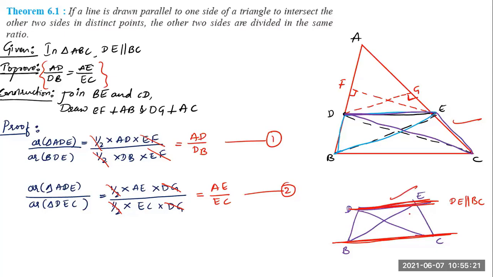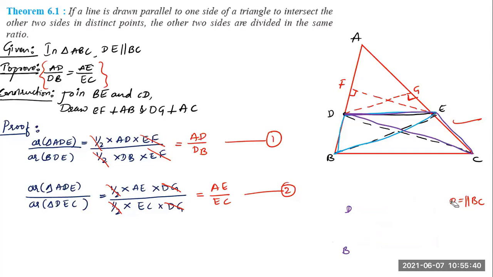So both triangles are on the same base and between the same parallel. In standard 9, there was a chapter on area of parallelograms and triangles, and one important theorem was there. Actually, the chapter was deleted, so I've not taught it. But the theorem is: if two triangles are on the same base and between the same parallel, then they are equal in area.